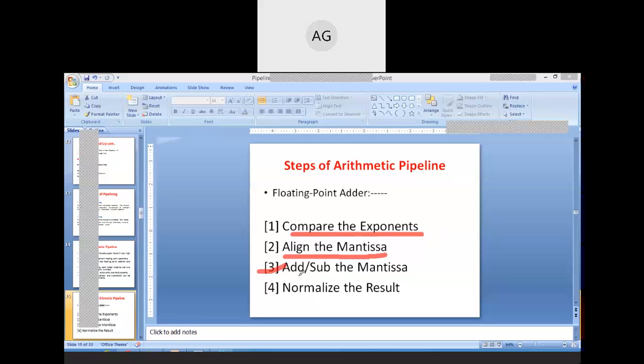In the case of addition, we need to add the mantissas, whereas in the case of subtraction, we need to subtract the mantissas. And finally, normalize the result. So these are the four steps. You need to remember these four steps for calculation purposes. Let us take an example on the next slide.